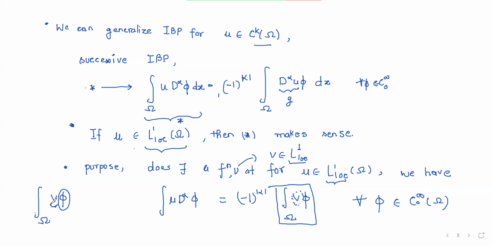The only thing you should care about is that we should not blow up in the support of phi. So v should be integrable on the support of phi, meaning v is locally integrable.